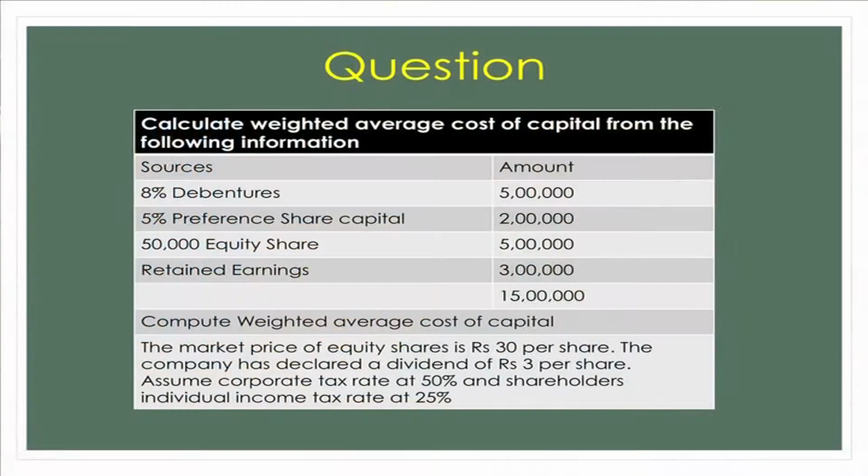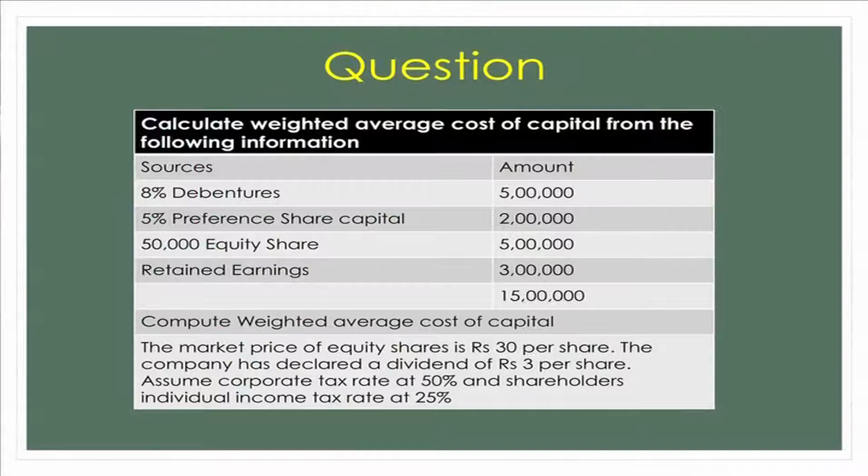So, here we can see that certain percentages are being given and certain costs we need to ascertain to find out our weighted average cost of capital. Weighted average cost of capital is nothing but weights being assigned to each element of cost and finding out the aggregate or overall cost of capital. Here we are having debentures as 8%. So, cost of debt before tax is 8%.